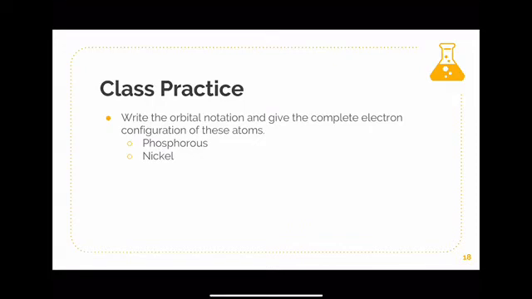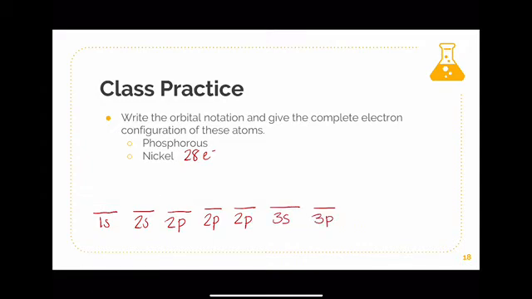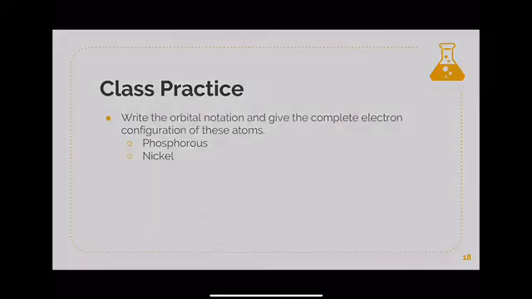Nickel, it is a little bit bigger. It has 28 electrons, okay? So I'm going to write out 1s, 2s, 2p, 3s, 3p, that's the ones we did earlier.